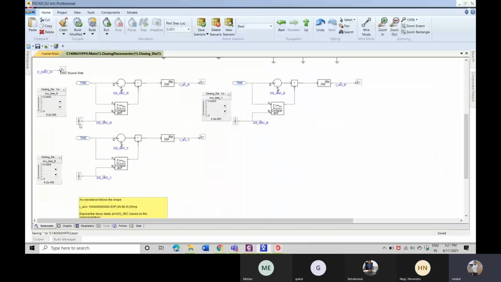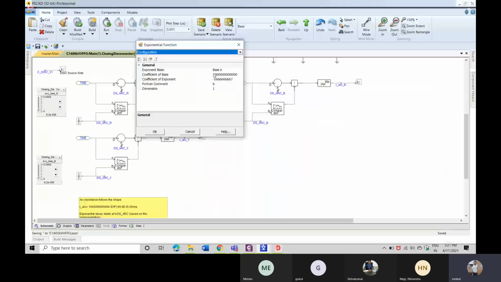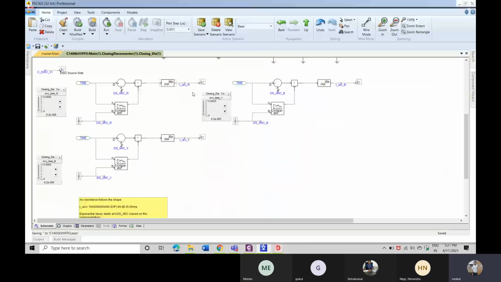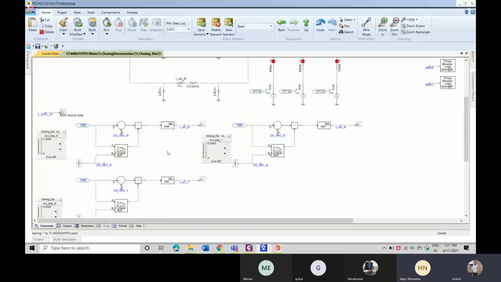If I go inside this part, I have modeled that. Can you see here, from here the input is going to all the three resistances. This is the exponential part which I have modeled.